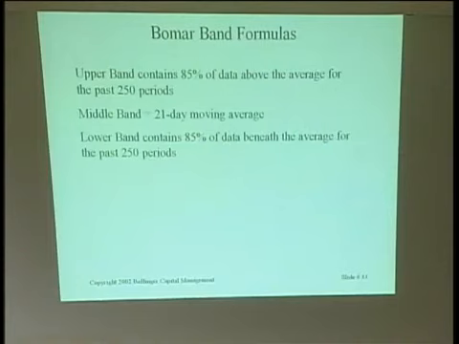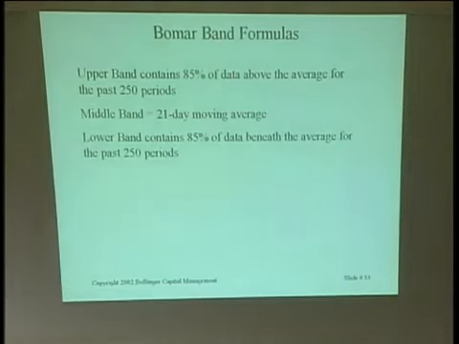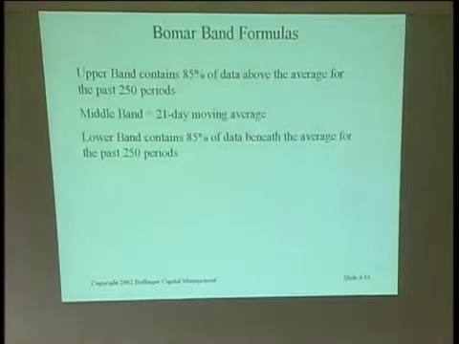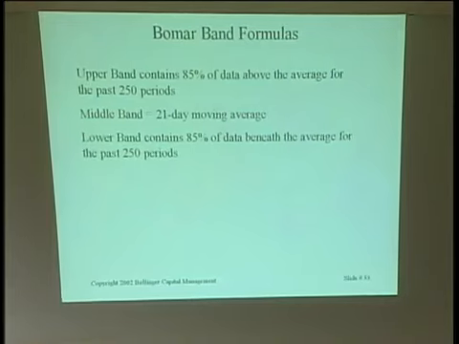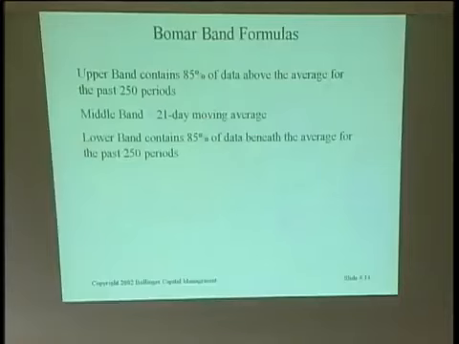And here are the formulas for BOBB bands. The upper band contains 85% of the data above the average for the past 250 periods. Those of you who took calculus will recognize that this is a simple integral. It's hard to calculate, it's intensive for a computer, but you don't have to do it. The math is out there to do this.